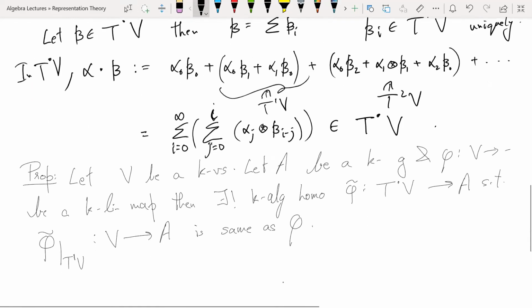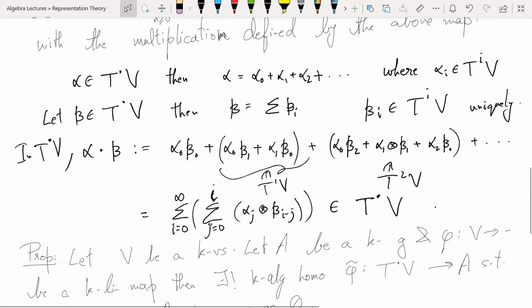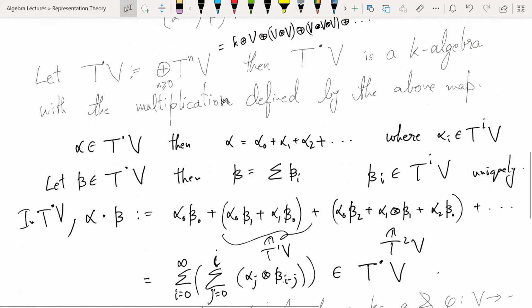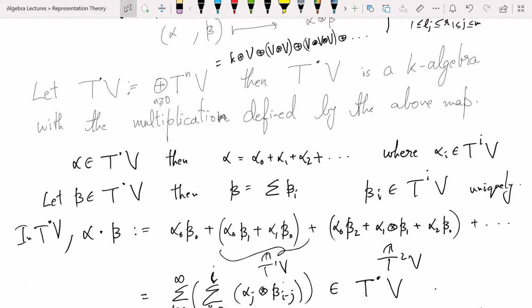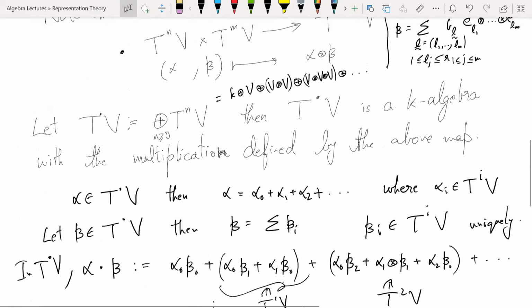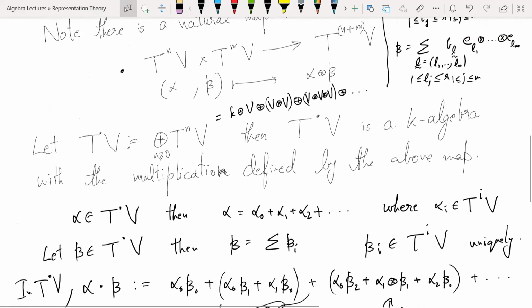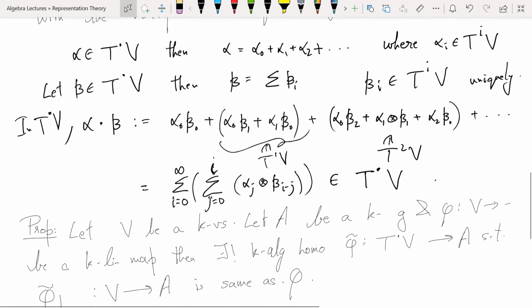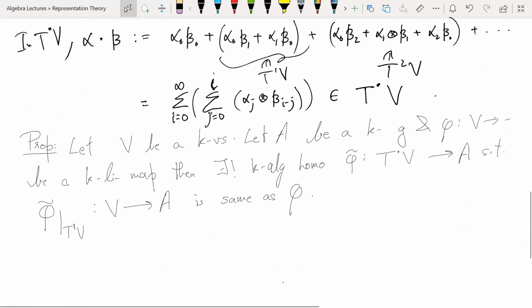The graded pieces are the T^k V. This is what a graded ring means. It precisely means that if you multiply the nth graded piece with the mth graded piece, the element should land in the (n plus m)th graded piece. This is more or less the definition of a graded ring. But if you don't know, you don't have to worry about it.